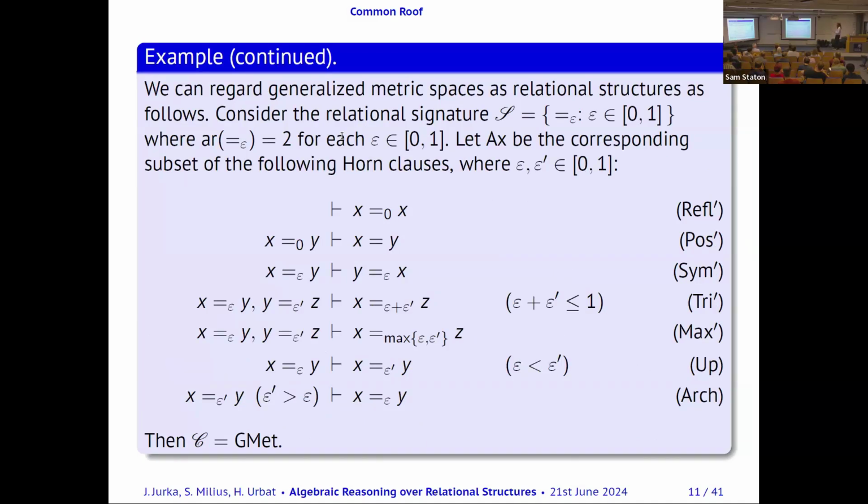And then by these axioms, one can describe these generalized metric spaces. So this C, this class that satisfies this fixed subset of axioms, if we consider this subset, then it becomes GMAT.